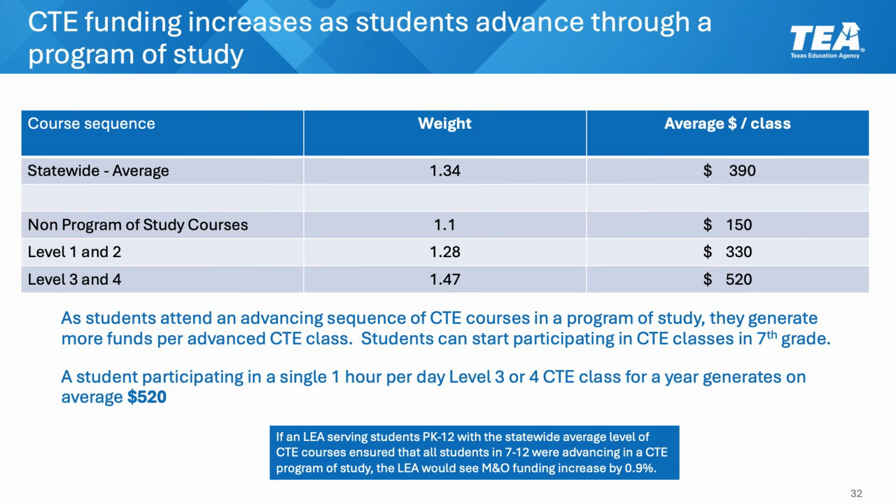So as students attend an advanced CTE course, they generate more funds per ADA. Students can also start participating in those courses as early as the 7th grade. And a student participating in a single 1 hour per day, level 3 or level 4 course generates on average about $520.